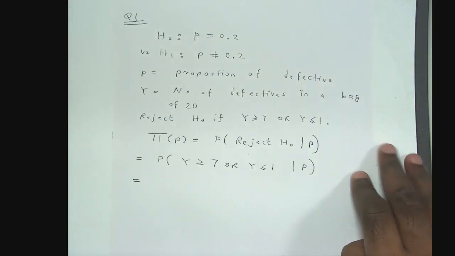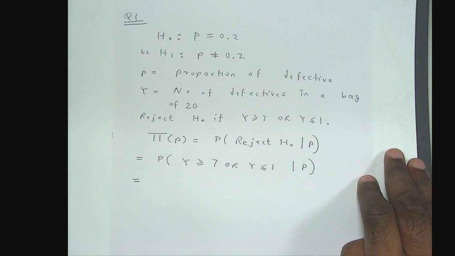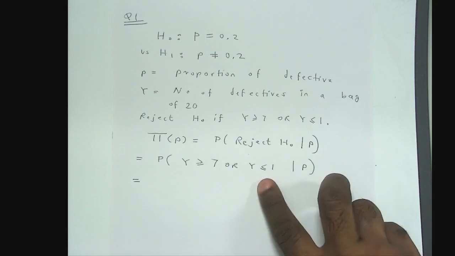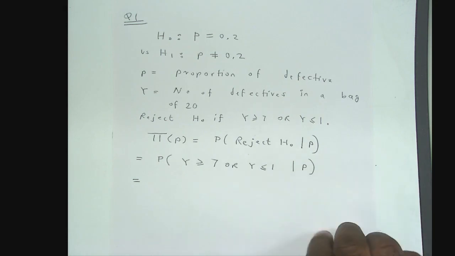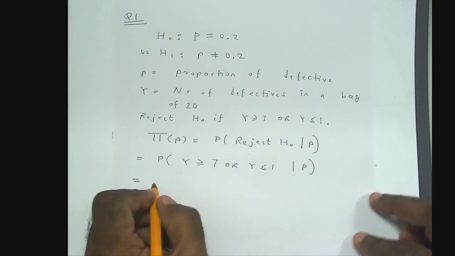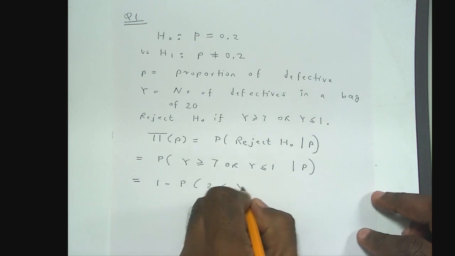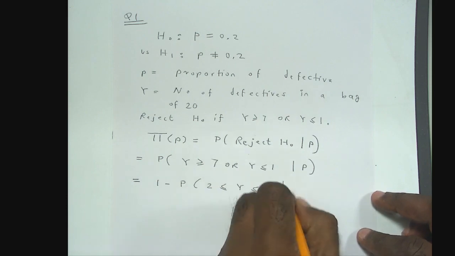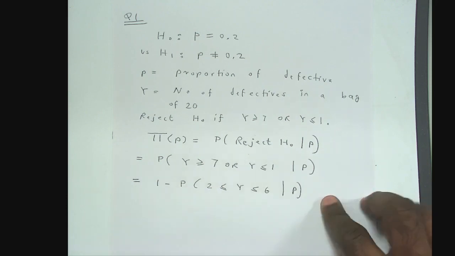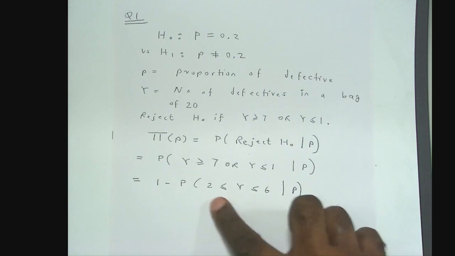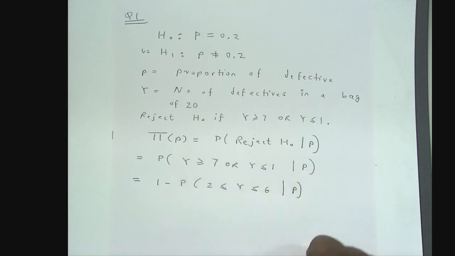You know the complement rule, that the probability of an event is 1 minus the probability of the complement of the event, right? Now what's the complement of this event, guys? The event that Y is greater than or equal to 7 or less than or equal to 1. The complement of that is the event that Y is between 2 and 6. Can you see that, guys? Yeah, this event is the complement of this event, right?